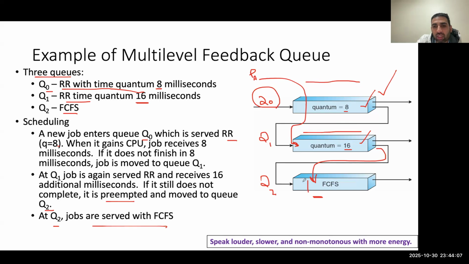We can simply increase its priority and move it to Q1. Again, we can put some time limit, and if within that time limit it never gets a chance to run because there are still other higher priority processes, we can increase its priority level and move it to Q0. Okay.